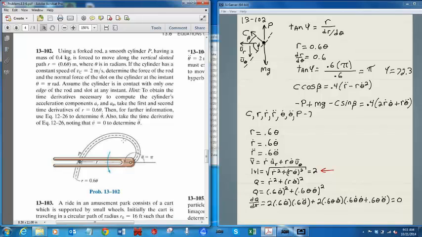I will take the relationships for r and r dot, which are right here and here, and put those in there for r and r dot. That will give me one equation, and the only unknown in there will be theta dot. So I'll be able to solve for theta dot. Alright, so combining those will get me theta dot.